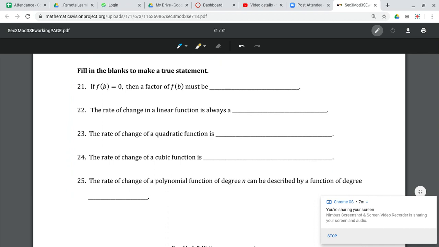The last section, though, you are going to fill in the blanks to make a true statement. If f of b equals 0, then a factor of f must be x minus b. The rate of change in a linear function is always a constant amount.